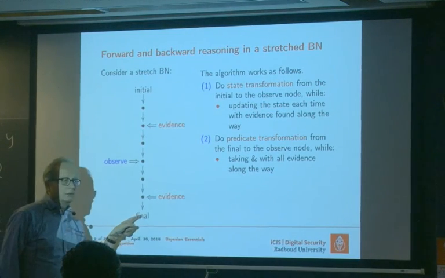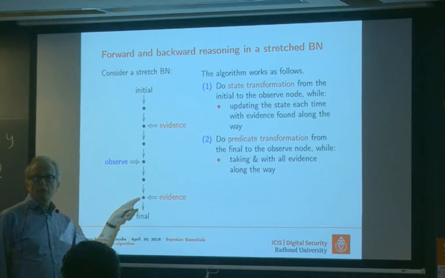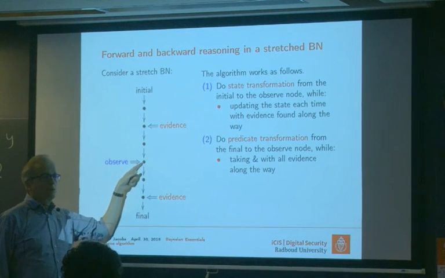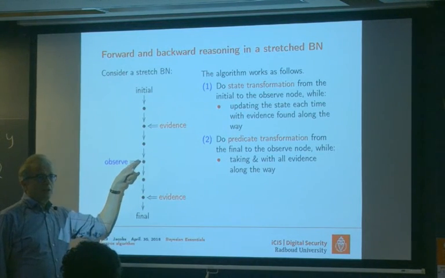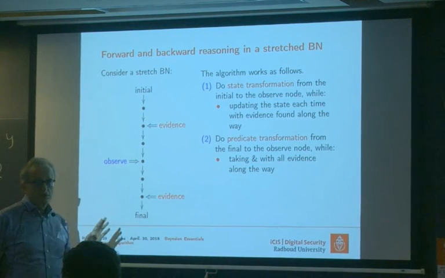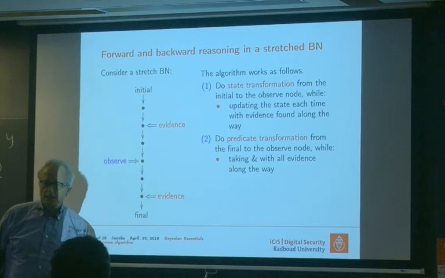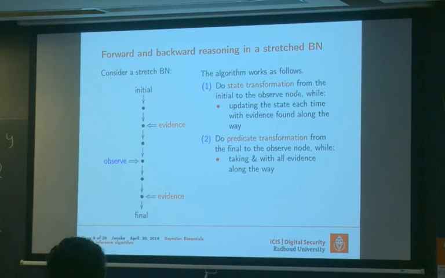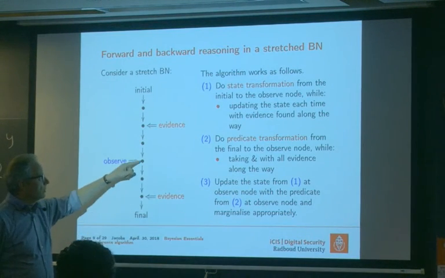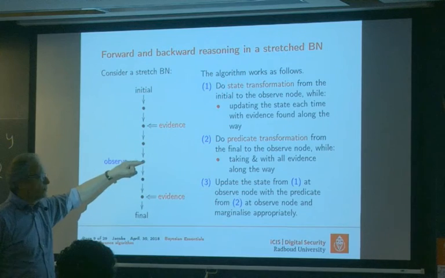I start here. I go backwards, do predicate transformation. Hey, I have some evidence. Okay, I do conjunction of the evidence with what I already have. Go backwards, stop here. At this stage, I have both a state from here and a predicate from here. You guess what I'll do? I'll update and then output. So update the state that you get from here with the state and the predicate from here.